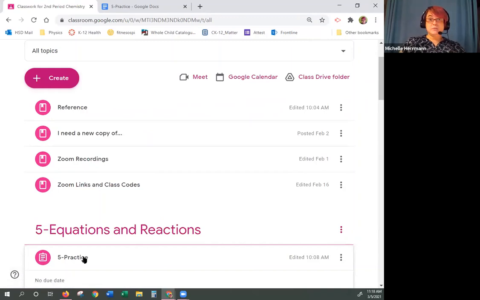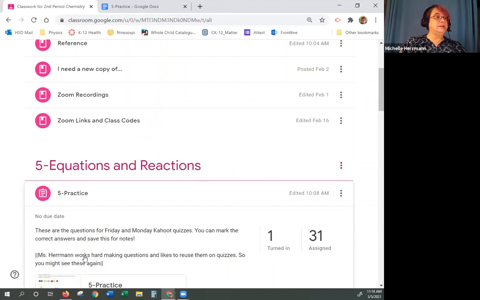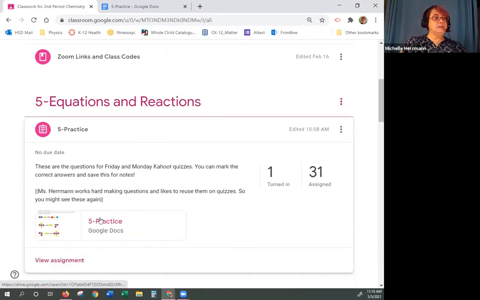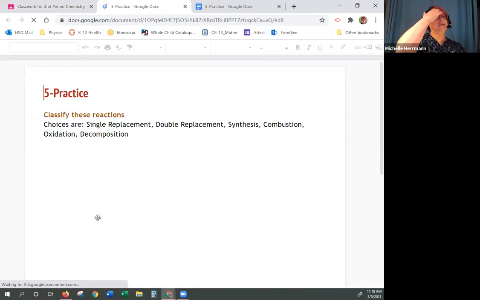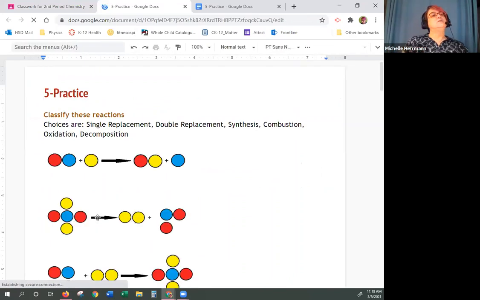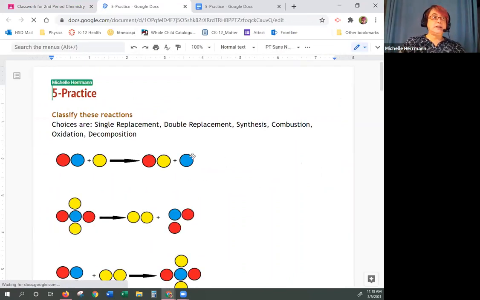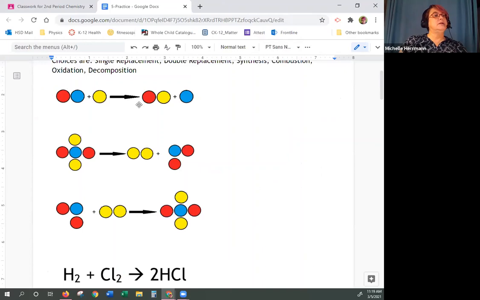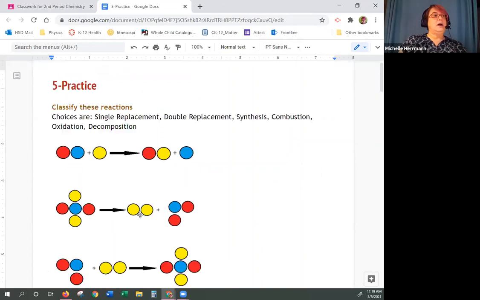So here's a place where you can find some things to practice. So here is the assignment or the little handout. If I open this up, these are the 10 questions that were on today's Kahoot right here. Oh, I have 2 copies of it open. Okay, so here we go. So here are the same things.